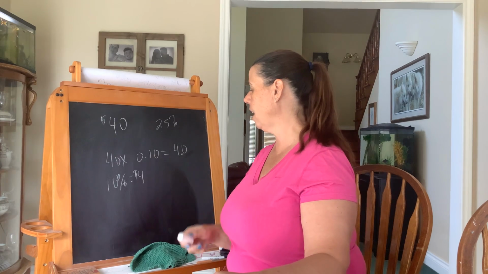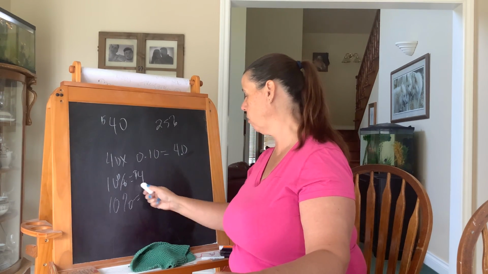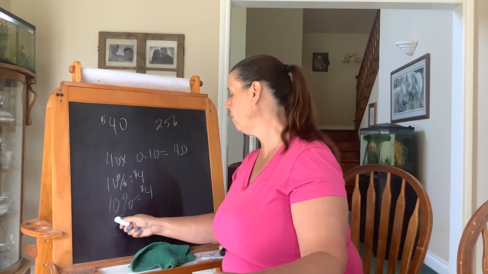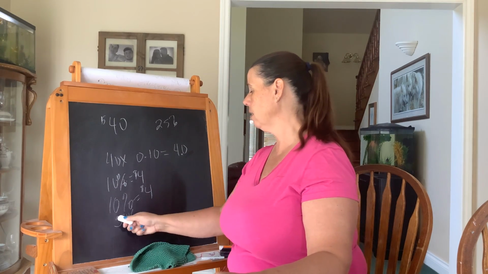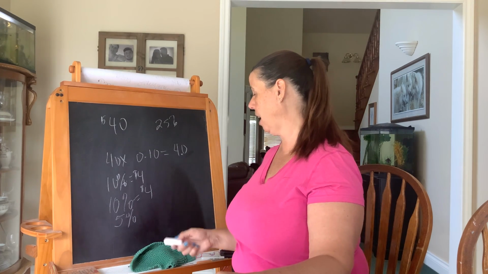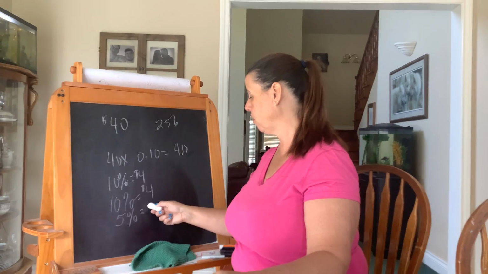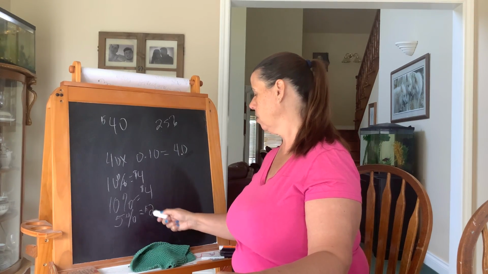So we need 2 10s. So we need a 10% and a 10%. So that's another $4. And then we need a 5%. Well, 5 is half of 10, right? So 5% would be half of whatever 10% is. 10% is 4, half of 4 is 2, right?